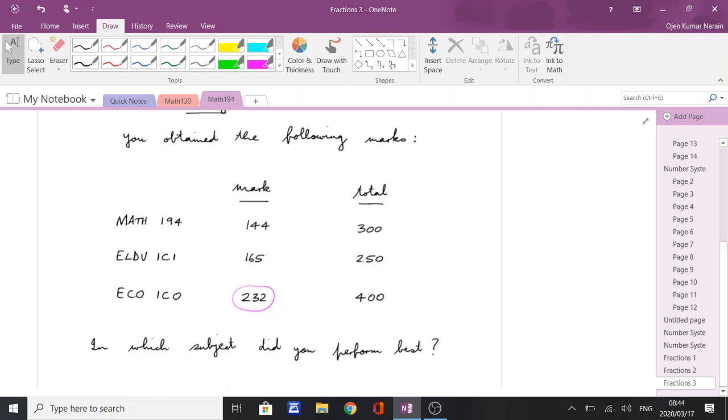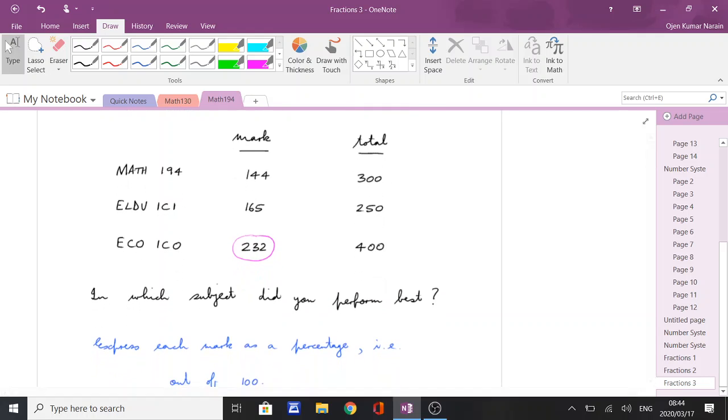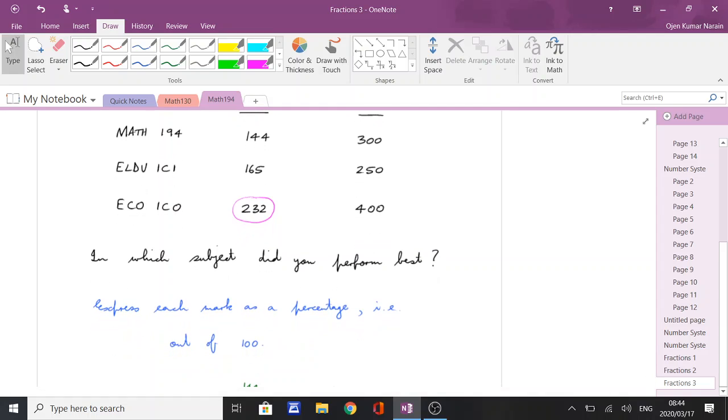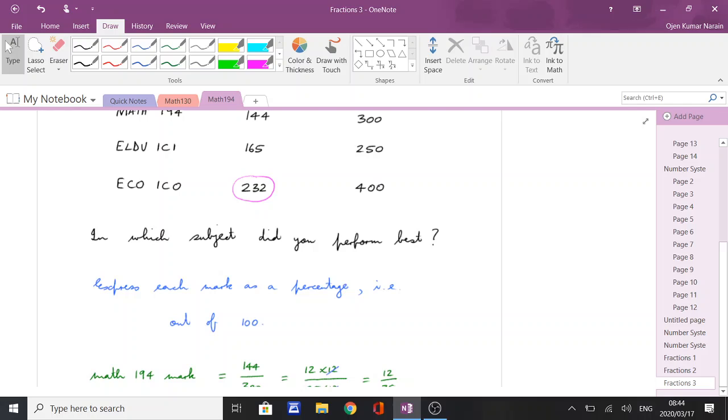Now here, in this problem here, to compare marks, all the marks need to be out of the same total. So we will find the percentages. Percentages basically is everything is out of 100. Express each mark as a percentage out of 100.